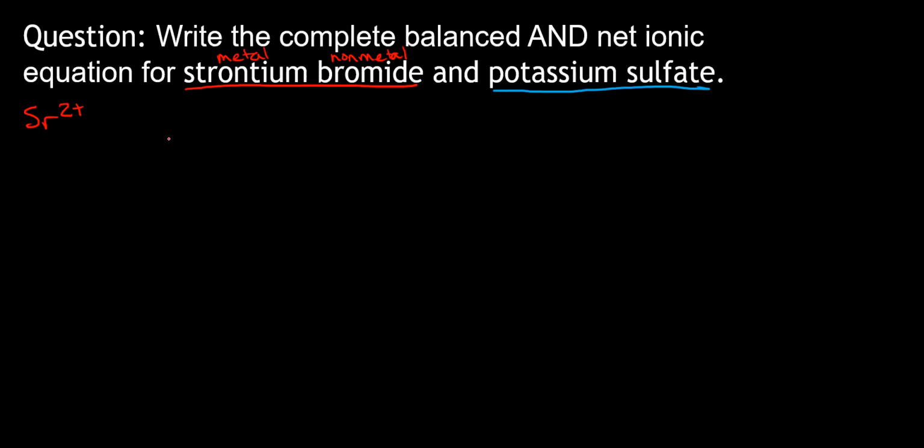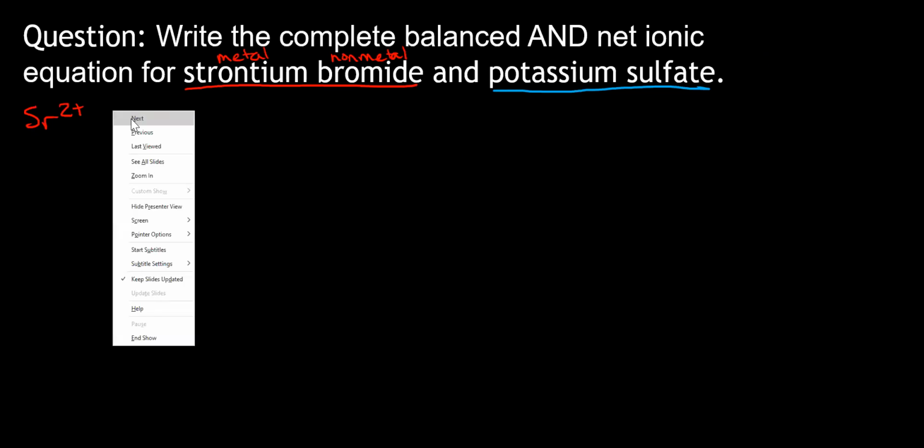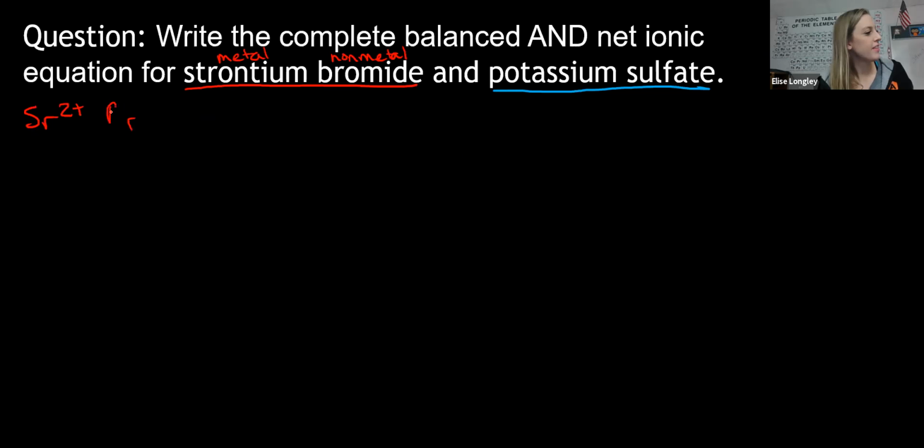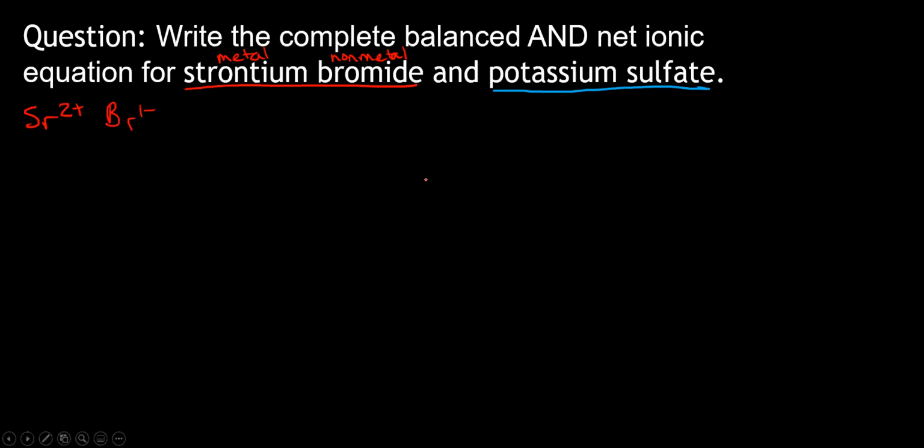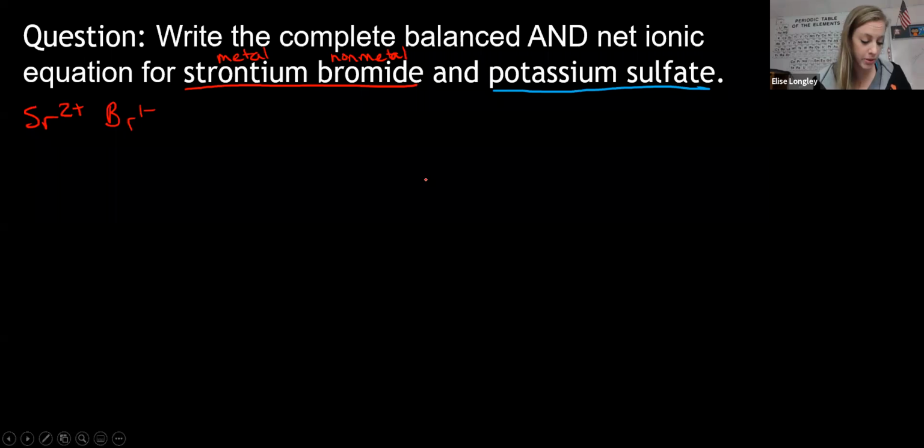Okay, so bromide has a charge of -1. Yes, and if you did not have your reference packet and you just had a periodic table, you would know that because it's group 17, so it gains 1 electron. Awesome. Thank you so much, Corey, and thank you for using your reference packet.